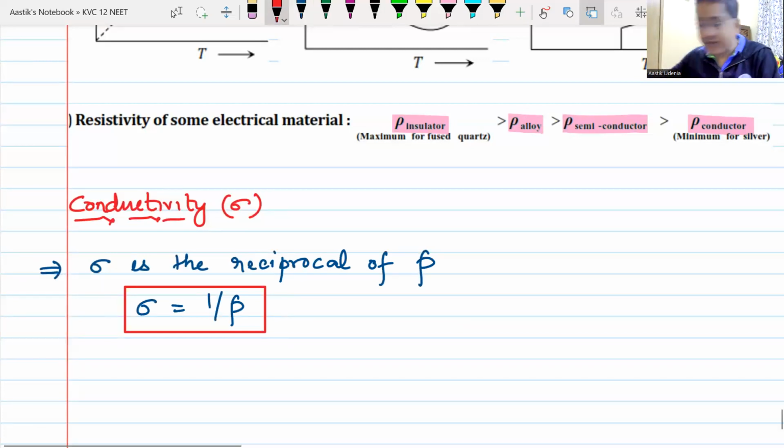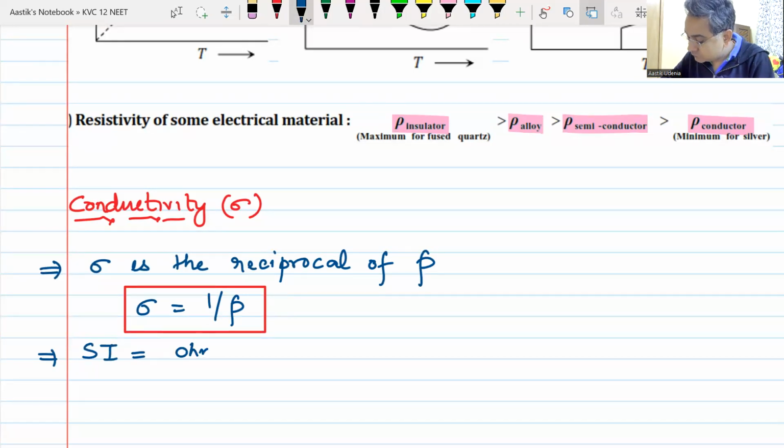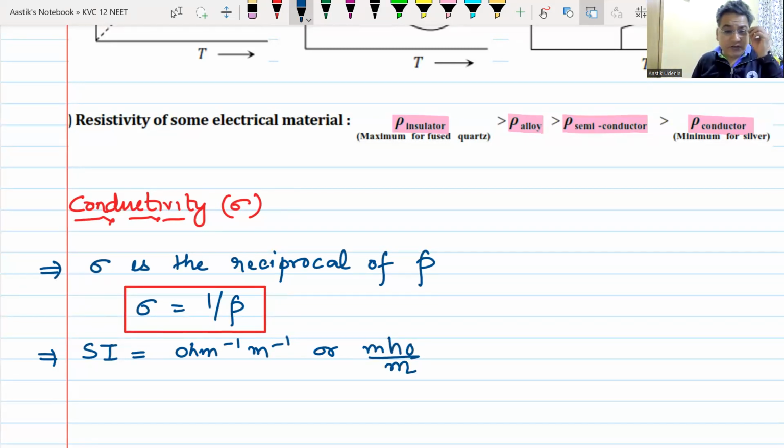So the SI unit becomes the reverse of that of rho. The SI unit becomes ohm inverse meter inverse. Ohm inverse can be written as mho, so you can write it as mho per meter. Do we understand this?